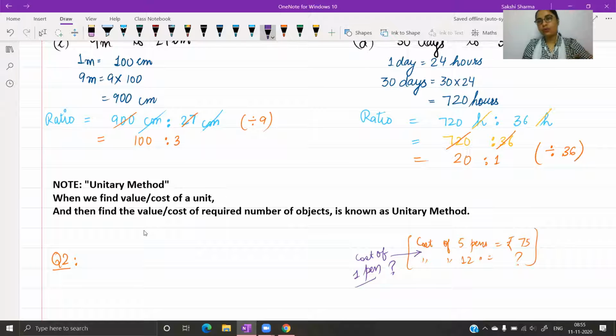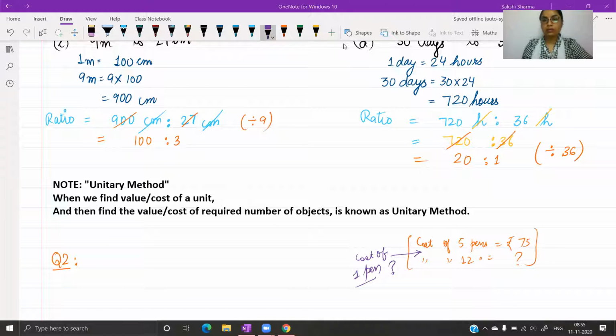So you know, when you have been given the value of many and you want to find out the value of one, from many to one, we have to divide, and from one to many, we have to multiply. But right here, 5 to 12 cannot be obtained directly. From the cost of 5 pens, we cannot obtain the cost of 12 pens.